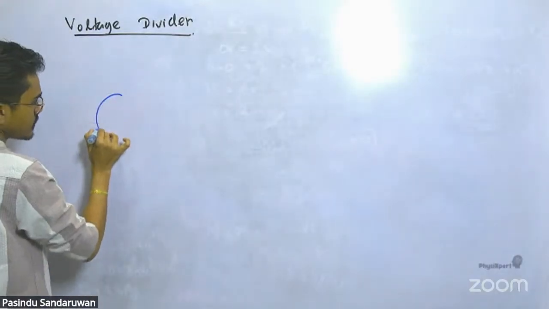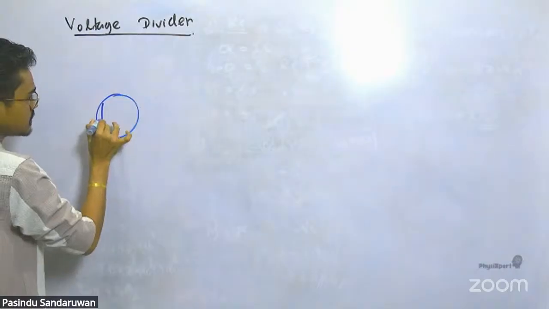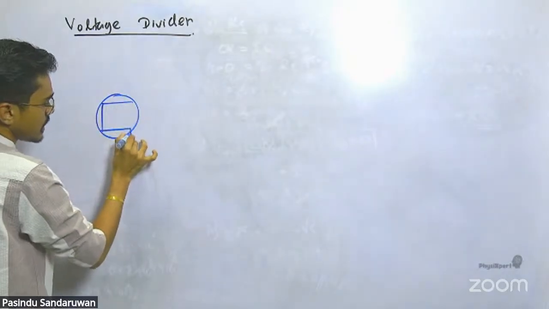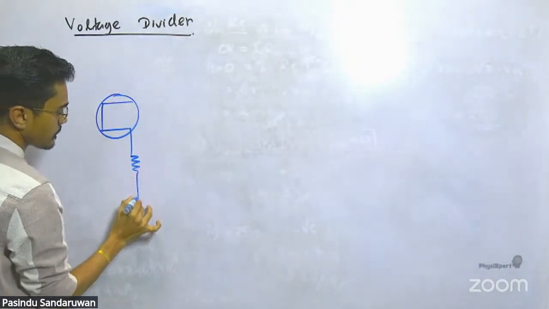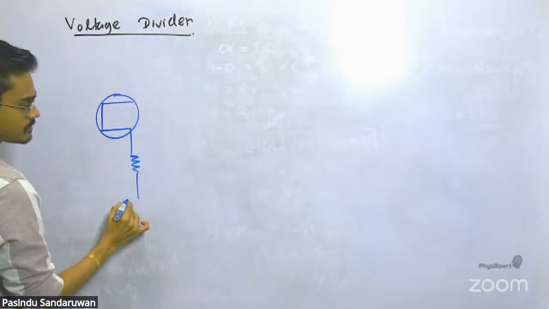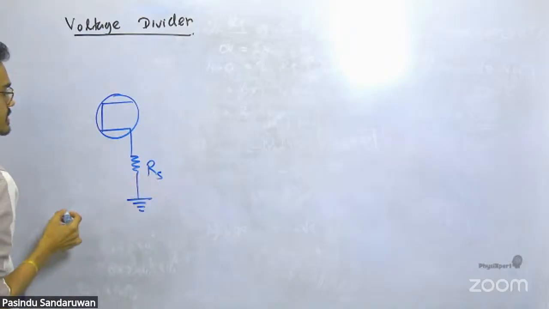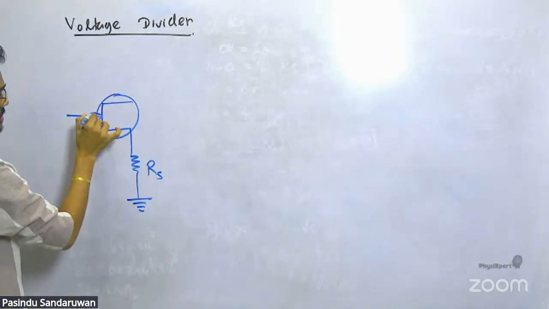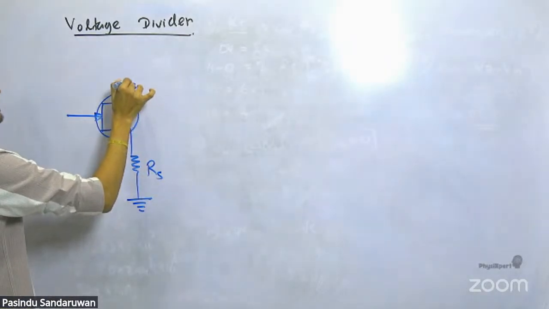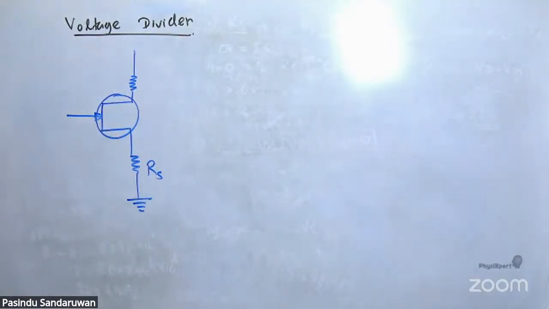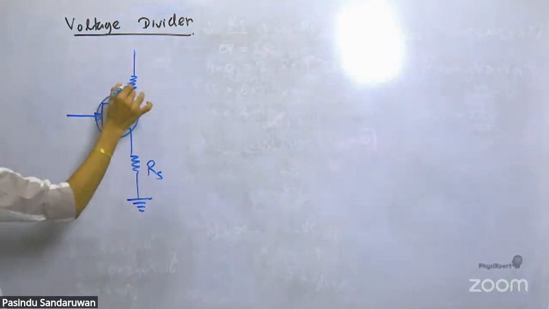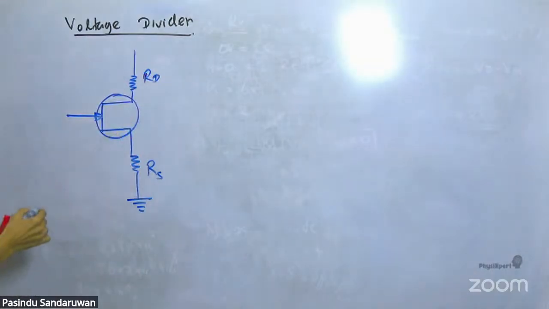Extend the source and connect a resistor. Ground it. Label the resistor as RS. Extend the drain and connect a resistor. Label it as RD.